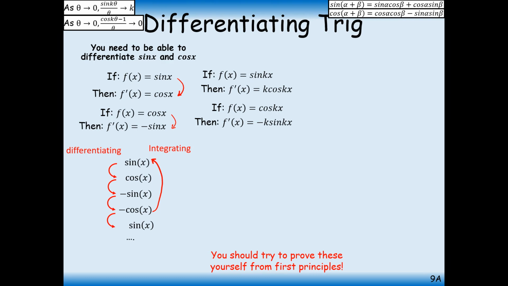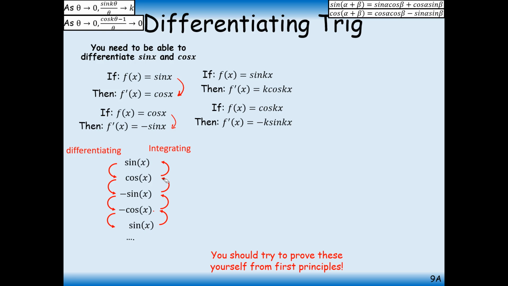Anytime we integrate any of these functions, there is no need to use any of these proofs. From now on, you can remember that the integration of sine will give us negative cos, the integration of negative cos will give us negative sine, and negative sine will give us cos, and so on.